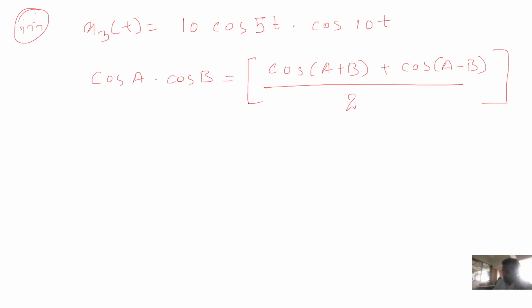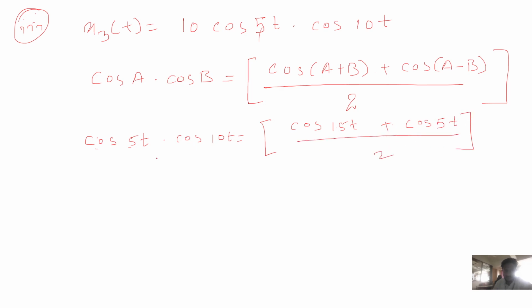You take this as A or this as B, both are going to give the same. So cos 5t into cos 10t is going to be equal to cos of 15t plus cos of 5t, divided by 2.